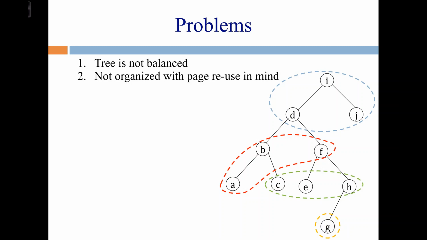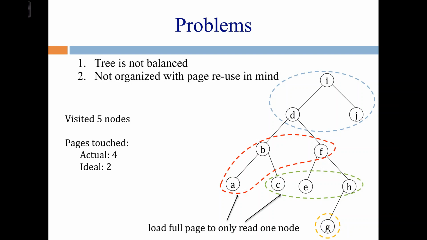Just to kind of summarize this problem, though, let's look at these red and green pages. We loaded those full pages just to get one node out of them, and then we immediately just skipped out and went to a different page. So we visited 5 total nodes, I, D, F, H, and G, and we had to load 4 pages in order to visit those nodes.